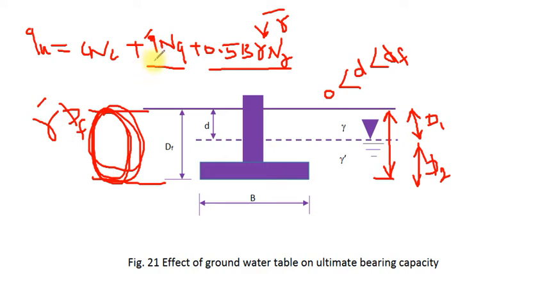Therefore, q dash will be D1 multiplied by gamma plus D2 multiplied by gamma dash.